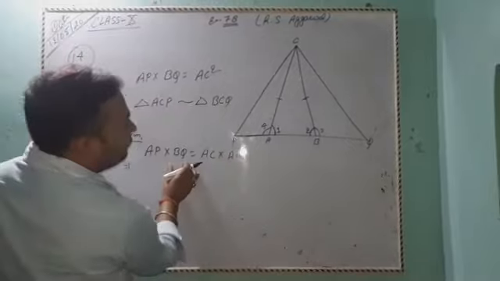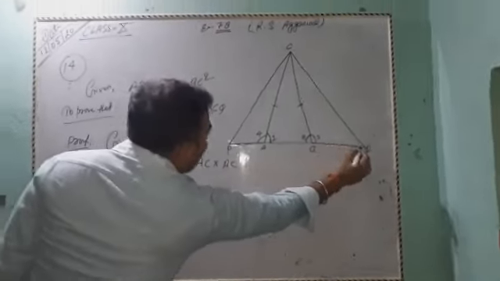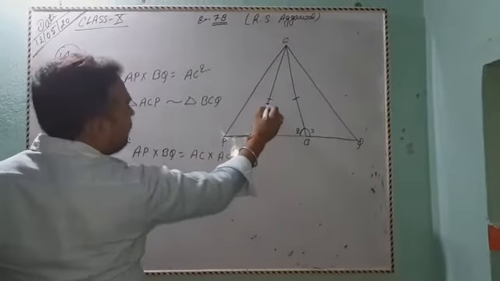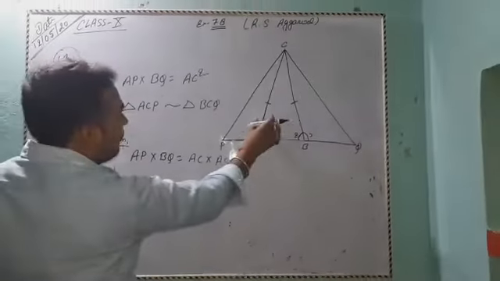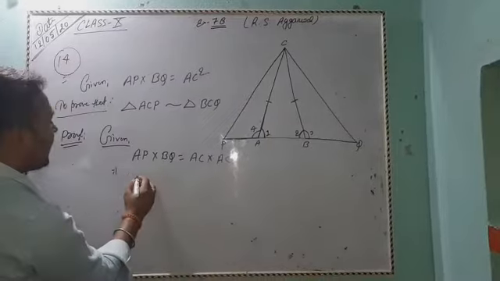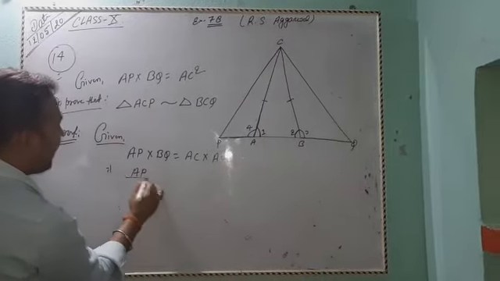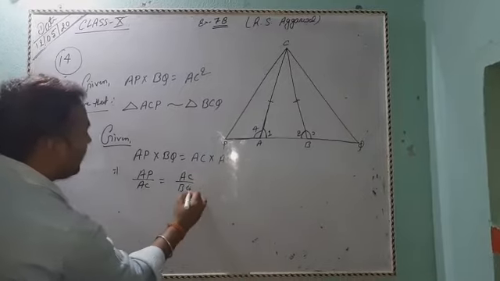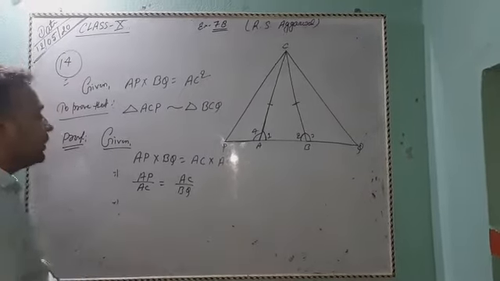So we write that AP by AC equal to AC by BQ.